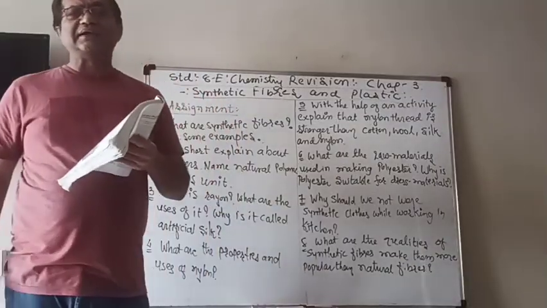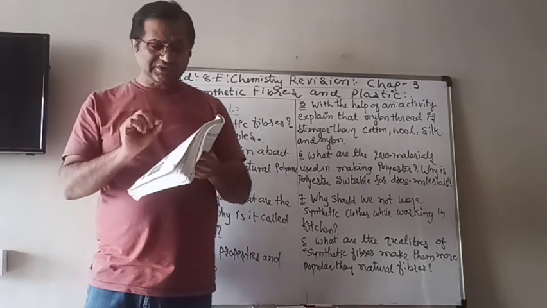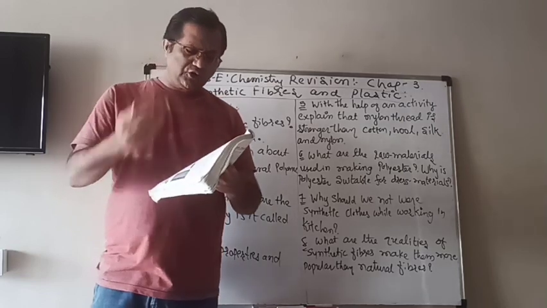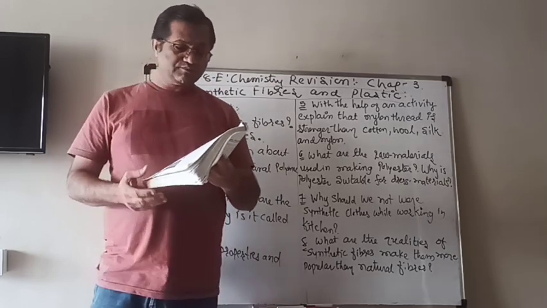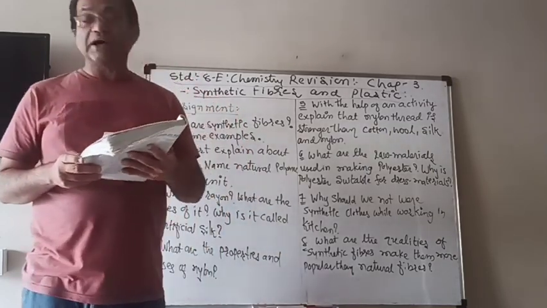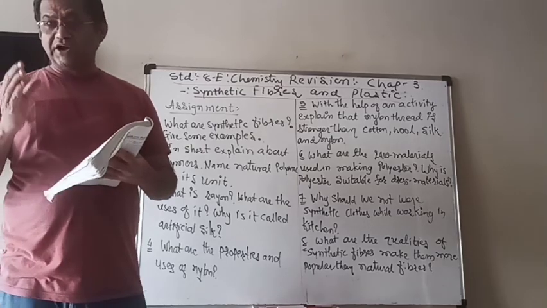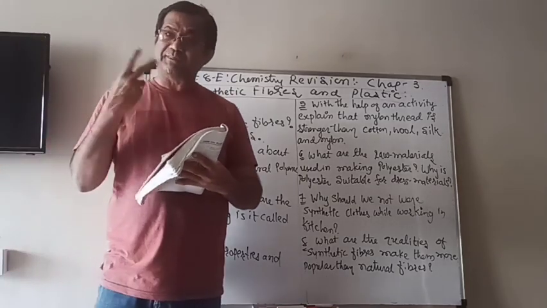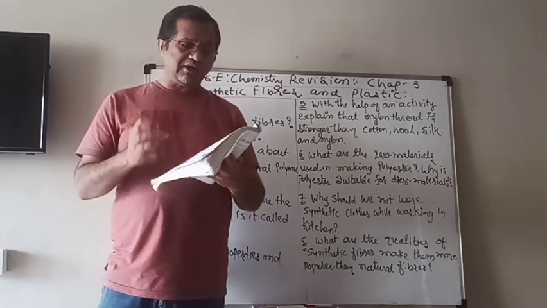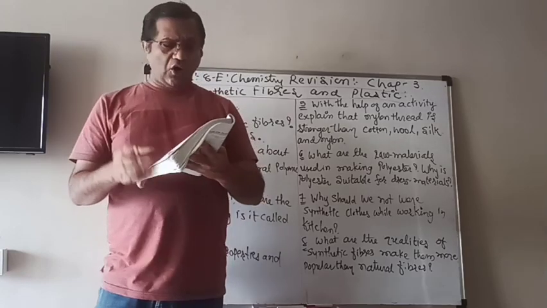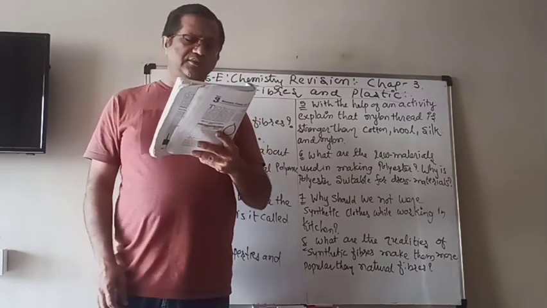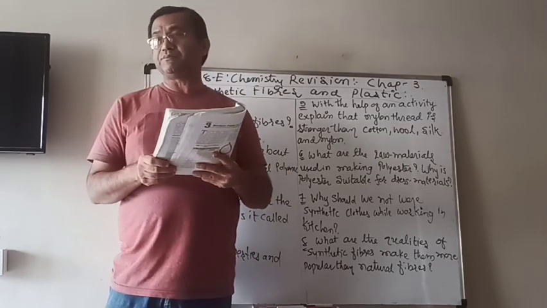Rayon is obtained from a natural source, wood pulp. But they put the wood pulp through some processes, and therefore it is a man-made fiber. Though it is obtained from wood pulp, a natural product, we are not using it directly. We give a chemical treatment to the wood pulp, and then make rayon.